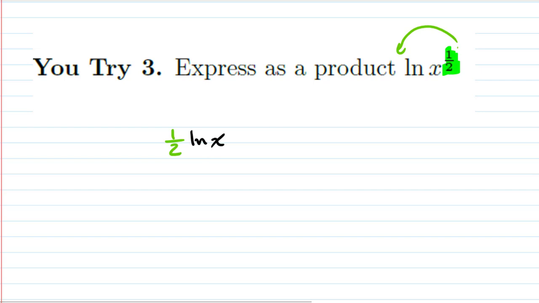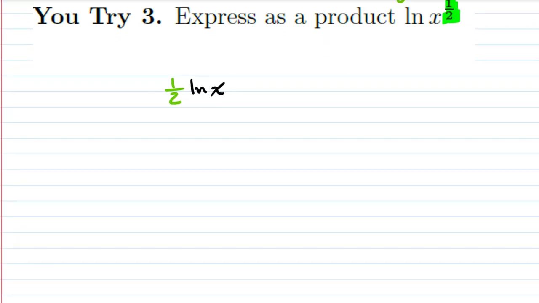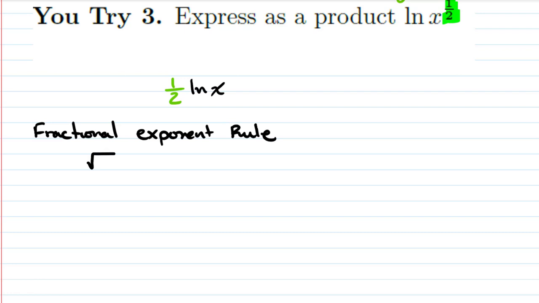All right. So just as a reminder, we want to talk about our fractional exponent rule. Well, our fractional exponent rule says that the square root of x is the same as x to the 1/2 power.